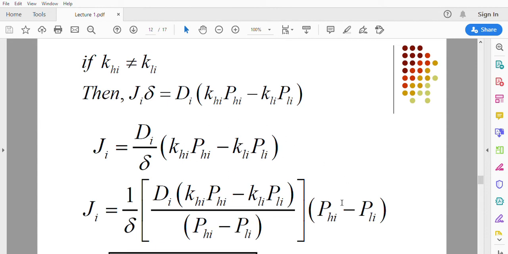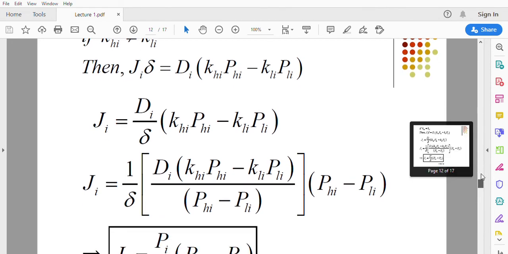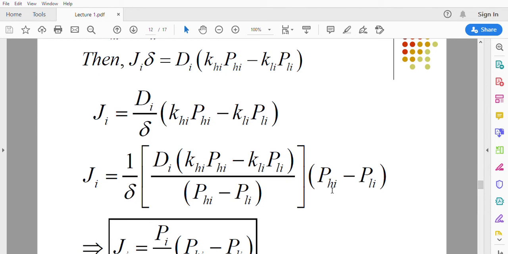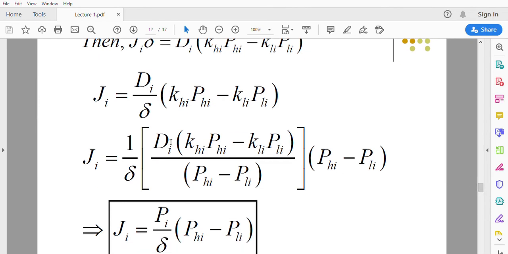So we just multiply and divide by PHI minus PLI, the difference in the partial pressure of component I across the membrane, in this equation. Now this whole term, Di multiplied by (KHI PHI minus KLI PLI) divided by (PHI minus PLI), becomes the permeability.